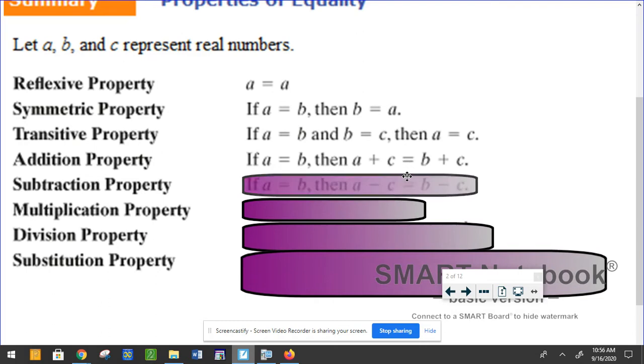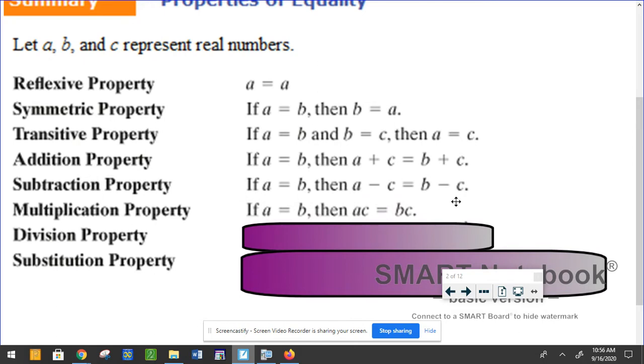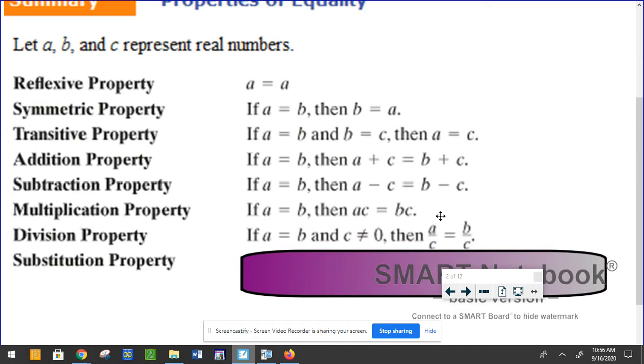So that applies then to subtraction. If you subtract the same thing from both sides, it still works. Multiplication: if you multiply the same thing to both sides, it still works. If you divide the same thing from both sides, it still works. The only caveat is that you can't divide by 0. But you'll find that throughout everything we do.